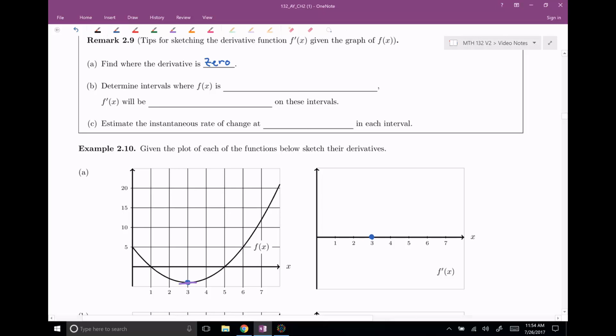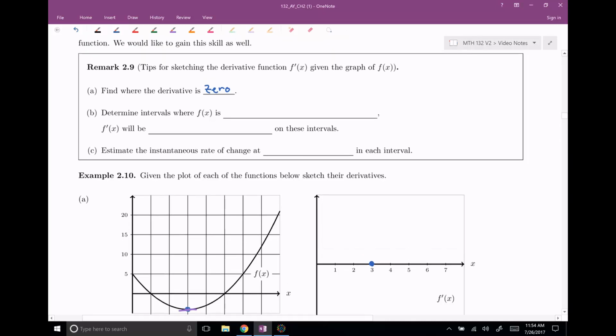Next up, so the second step, determine the intervals where f of x is increasing and where it is decreasing. At those points, well, when it's increasing, right, the derivative will be positive.